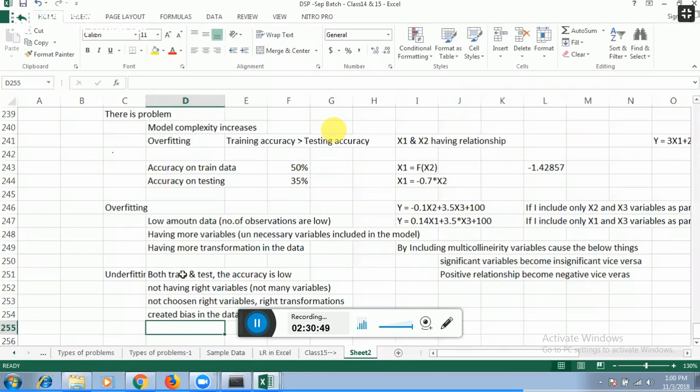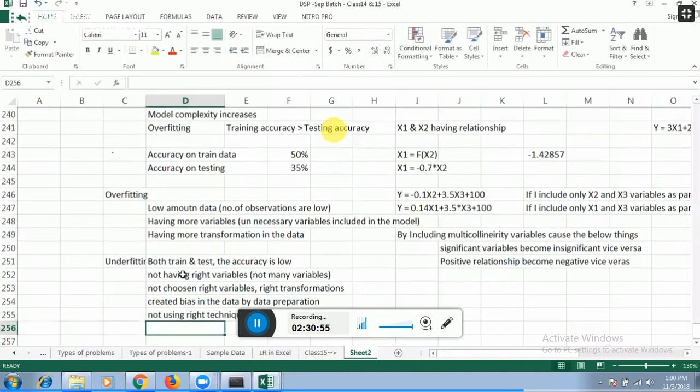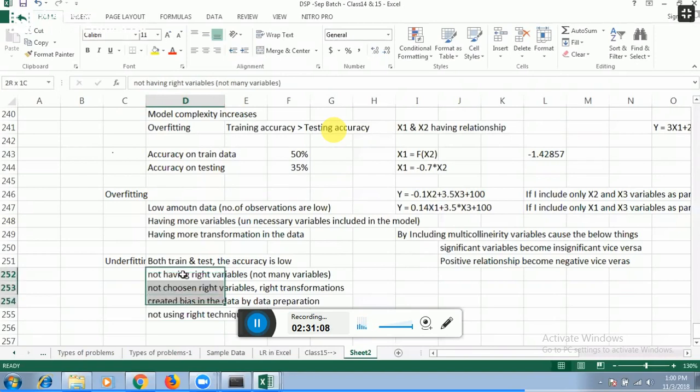Or some reason could be not using the right technique. Linear regression may not be a good fit in this case. There might be some other technique that can be a good fit for this data. So like this, there are n number of reasons for an underfitting problem. Basically, overfitting and underfitting both are important to handle.